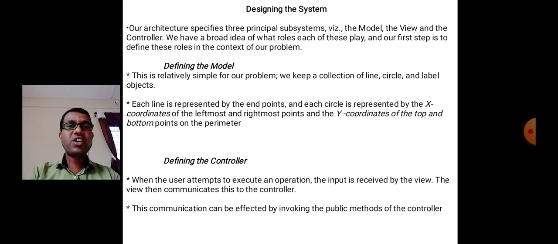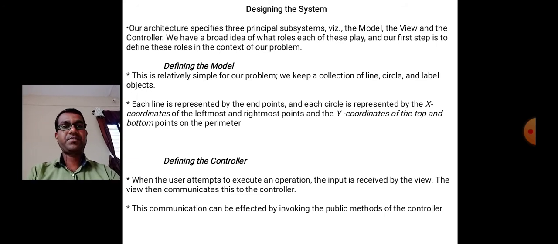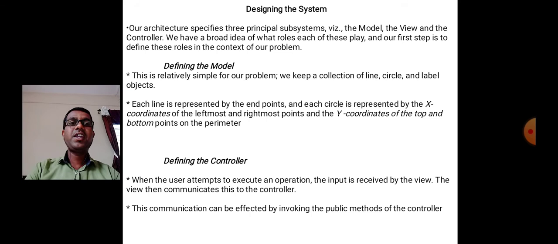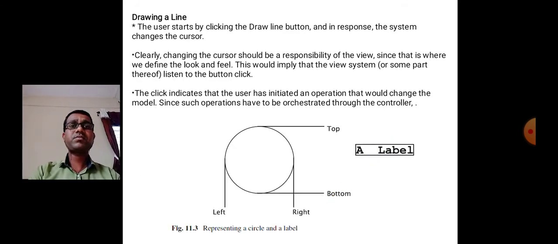Next is the controller. When the user attempts to execute an operation, the input is received by the view. The view then communicates this to the controller. This communication can be effected by invoking the public methods of the controller.